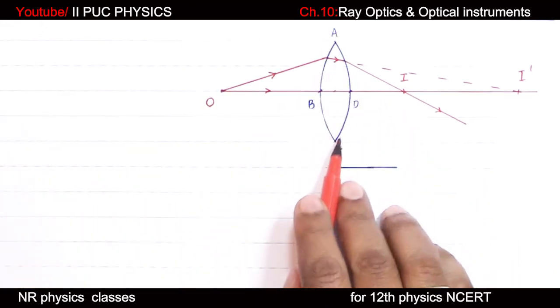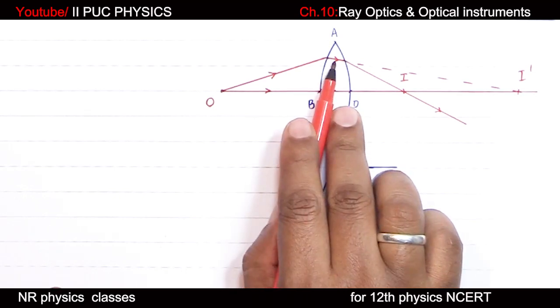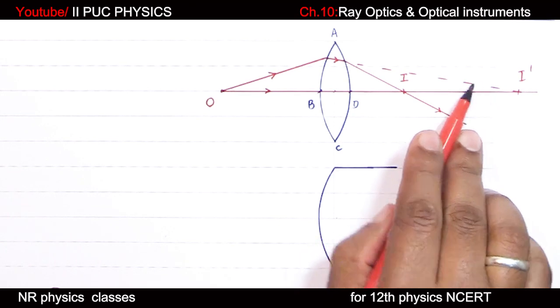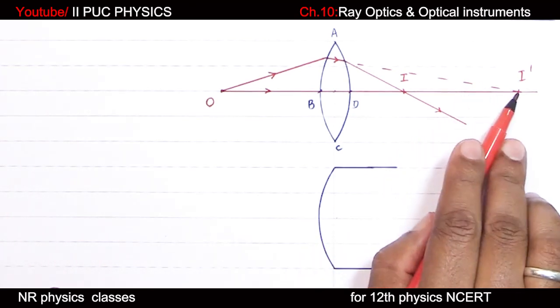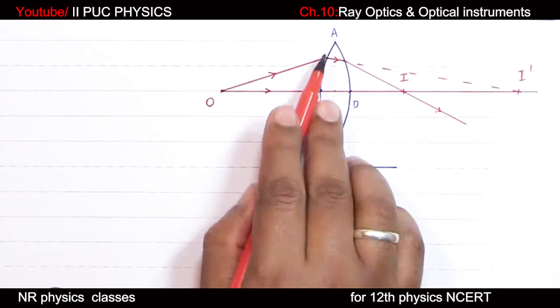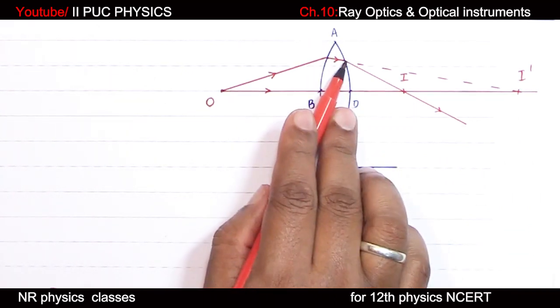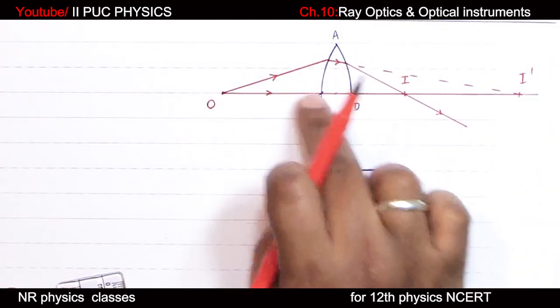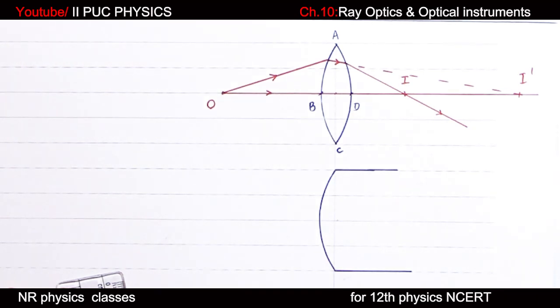If there is no ADC, then this light ray would have traveled straight and met the principal axis at I dash. But because of ADC, it again undergoes bending and meets the principal axis at I. Now let us understand all these things in two steps.